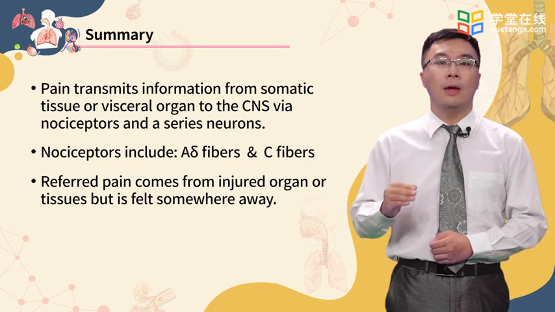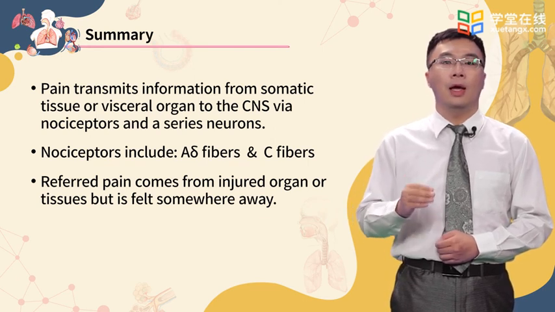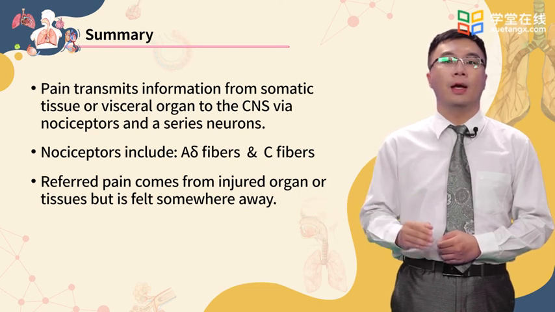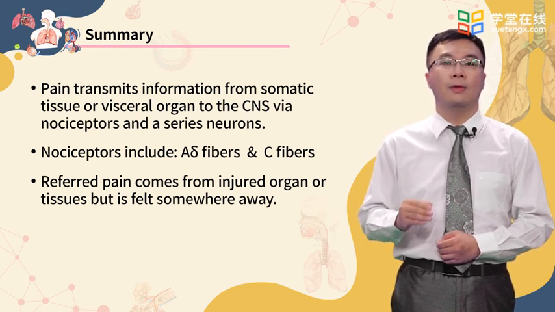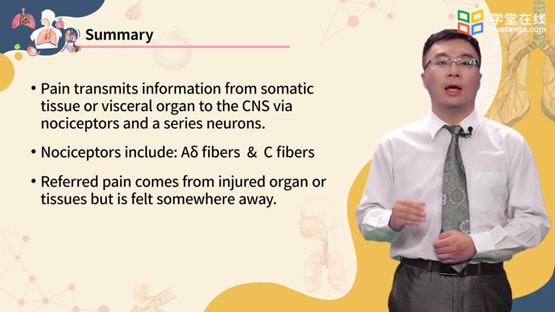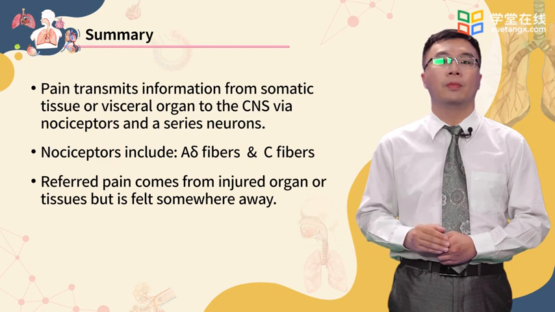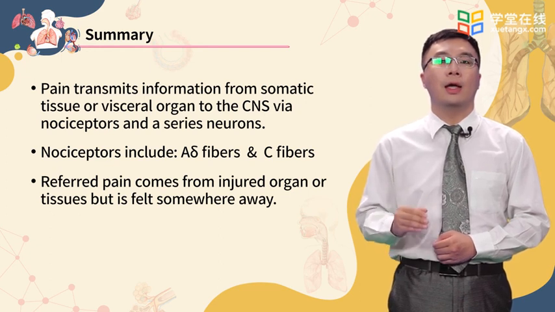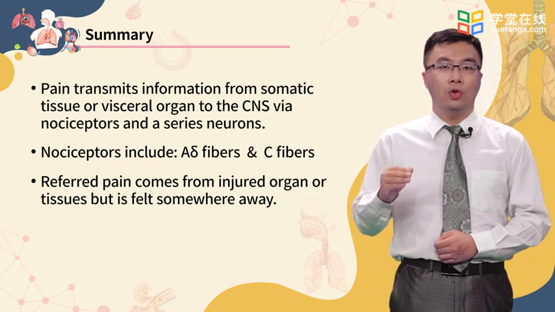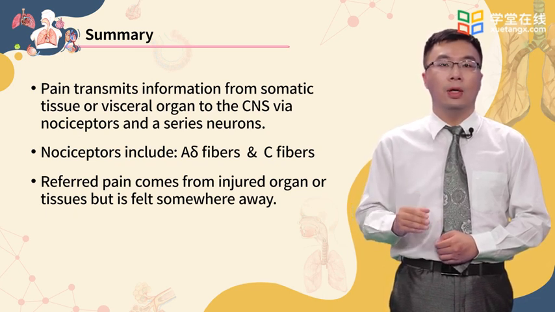There are two types of nociceptors, A delta and C fibers. A delta fibers are very small myelinated nerve cells that produce fast, well-localized, sharp pain. C fibers are smaller and unmyelinated nerve cells, which generate slow, poorly localized pain.